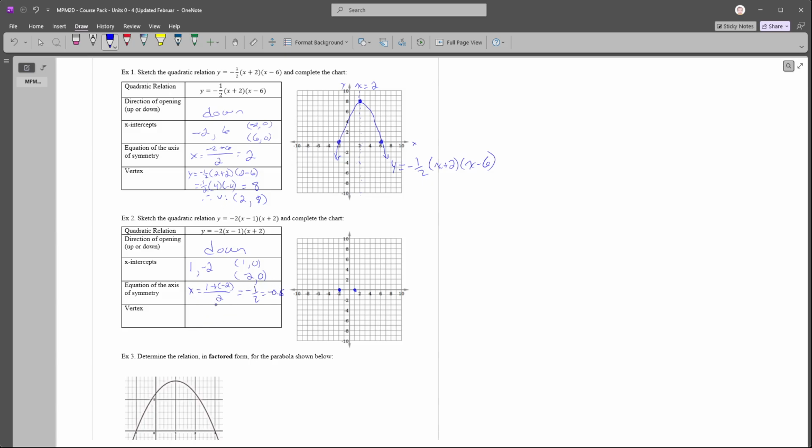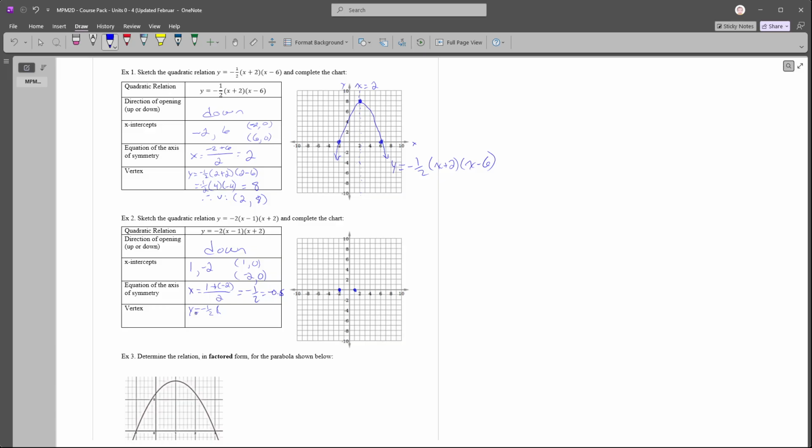So now we're going to substitute that into our original relation to solve for our y value. So y is equal to negative 2 multiplied by our x component.